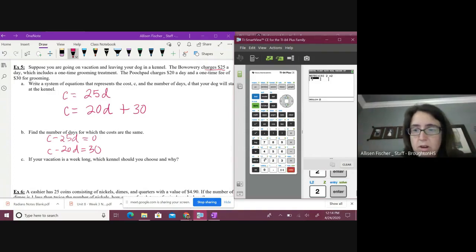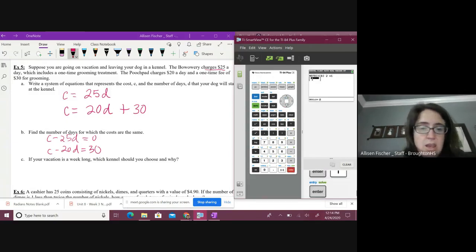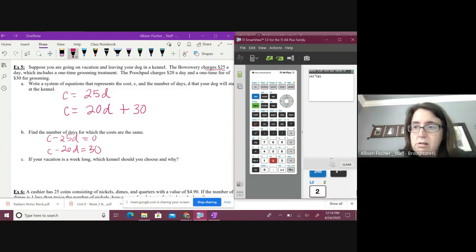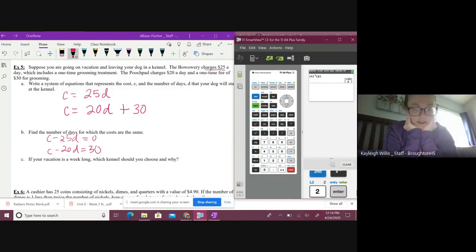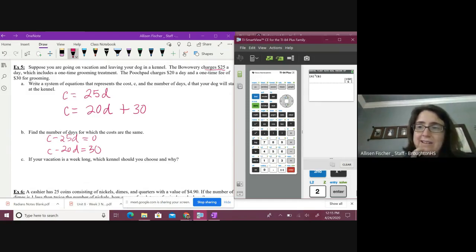Then our matrix would be 1, negative 25, 1, negative 20. And then our second matrix would be matrix B, which would be a 2 by 1, and we'd have 0 and 30. Then we would quit out of that and solve by doing A inverse B. And we get 150 and 6.